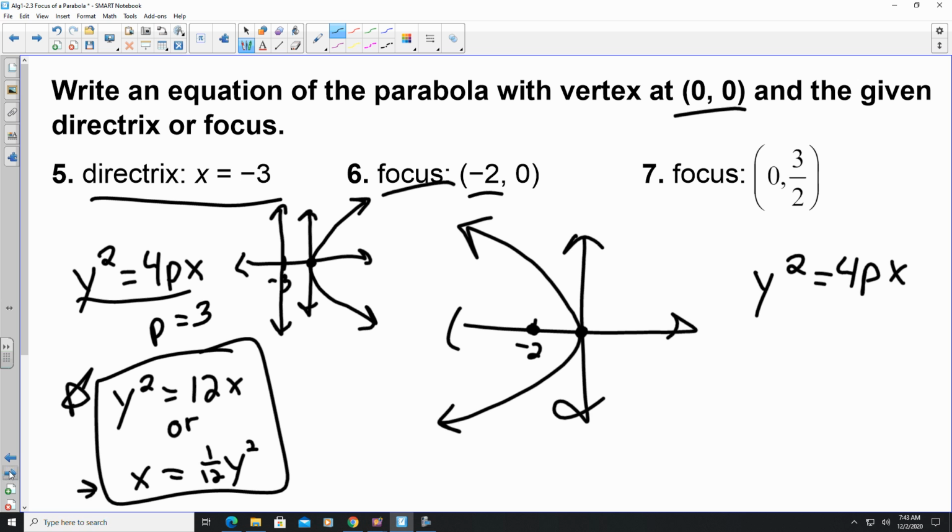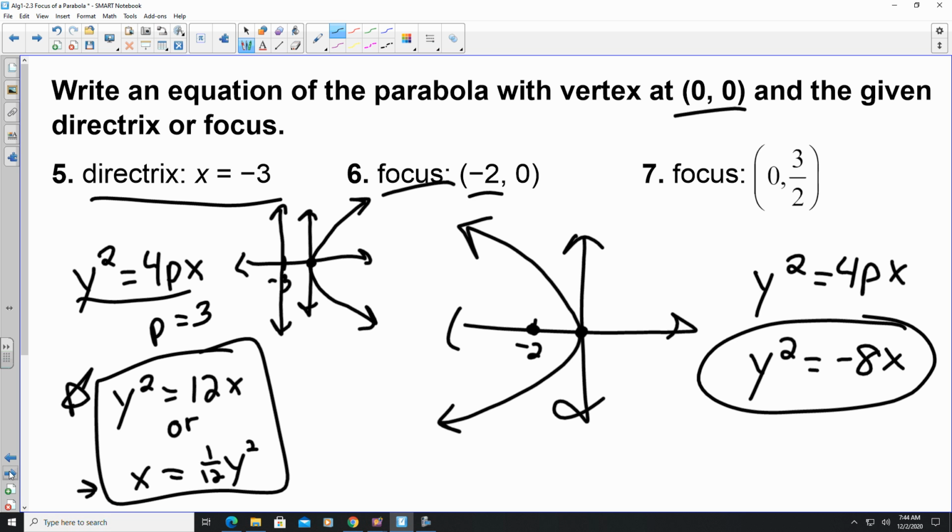Now here, they tell us the focus, and the focus is my value for p. So I know that this is going to be y squared is equal to 4 times -2, which is -8x. So this is my equation. You could also have written it as x equals -1/8 y squared.